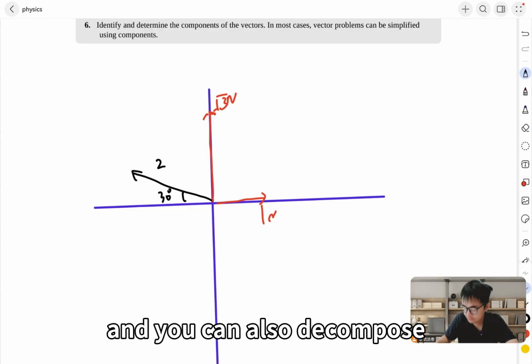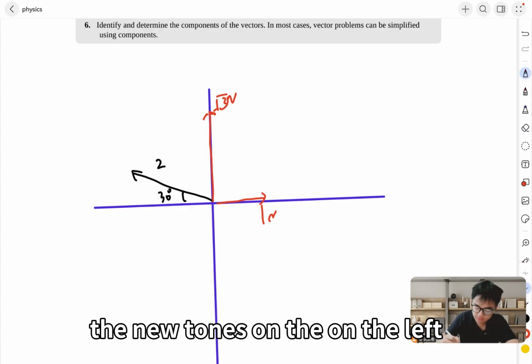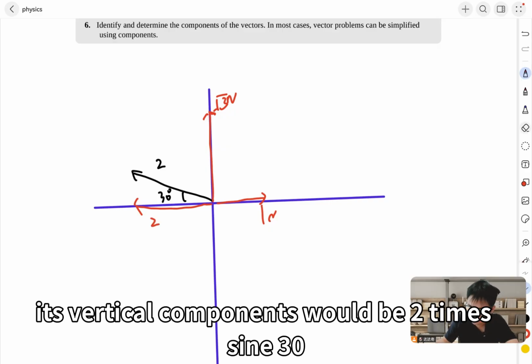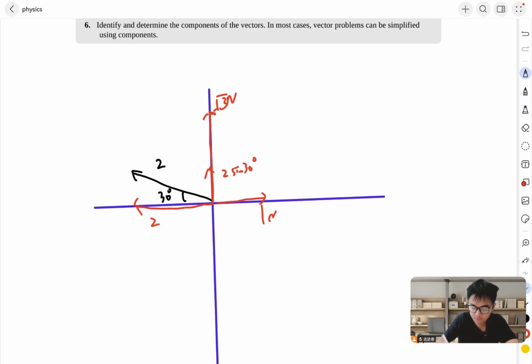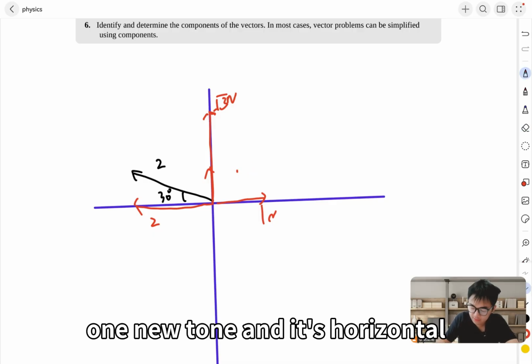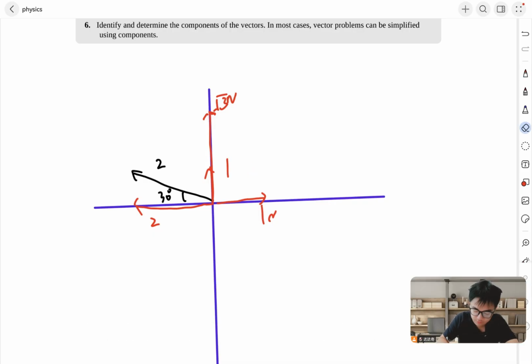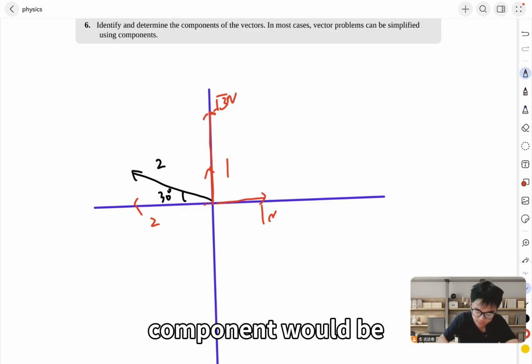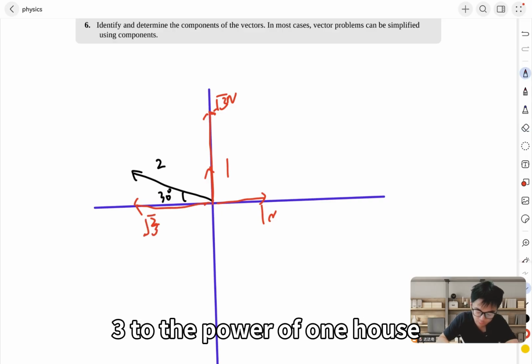And you can also decompose the newtons on the left. So its vertical component would be 2 times sine 30, which would be 1 newton. And its horizontal component would be 3 to the power of 1/2.